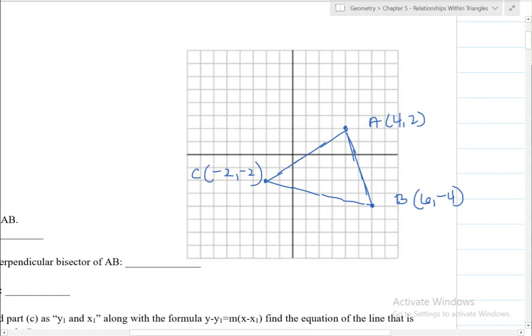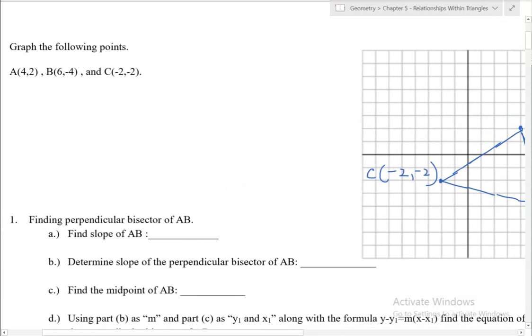So if I find the slope of AB, I'm going to take my y values. So it's y2 minus y1 over x2 minus x1, right? So I'm going to go -4 minus 2, which gives me -6. And then I'll go 6 minus 4, which gives me 2.